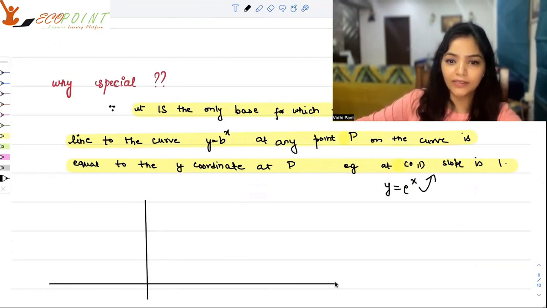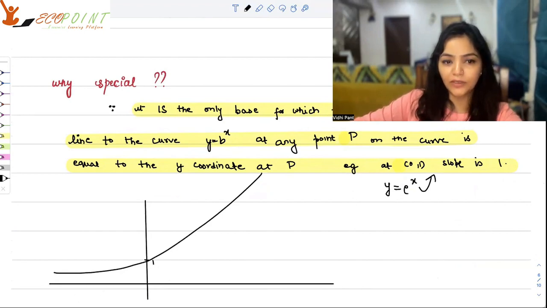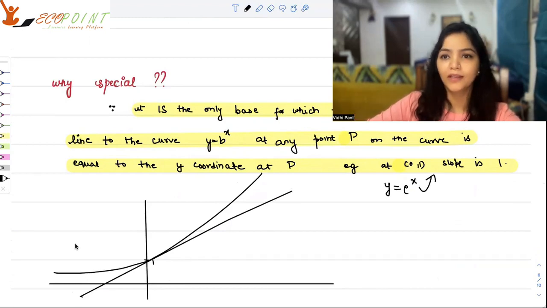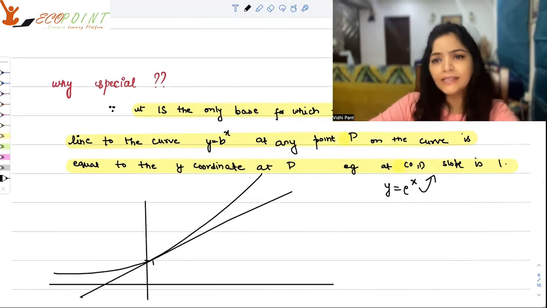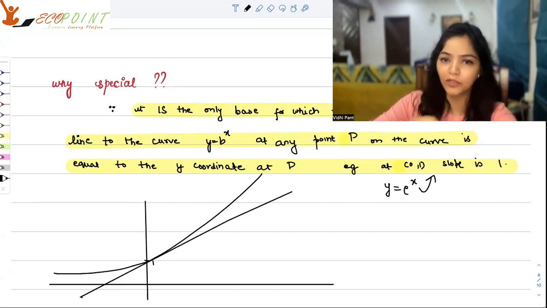This is the y-axis, this is the x-axis. At 1, you will have this. And if you notice the slope at this point, it is a 45-degree line. Slope is 1. Hence, it has a lot of consequences in calculus, which I will talk about later when we are working on calculus, specifically with these kinds of functions.